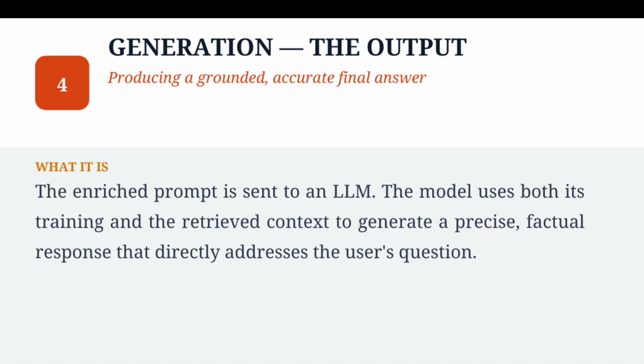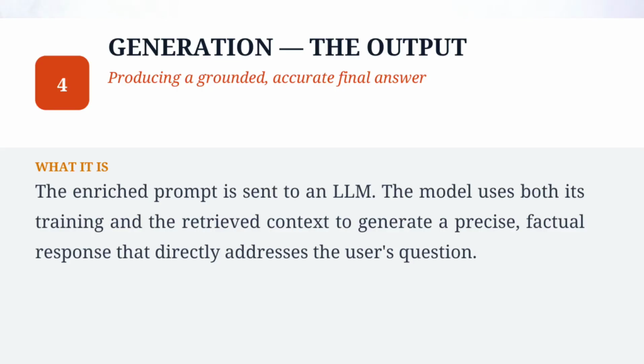But this time it is working from retrieved facts, not just memory. It uses both its training knowledge and the specific context it just received to produce a precise, factual response that directly addresses the question.